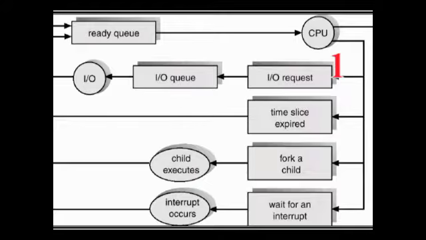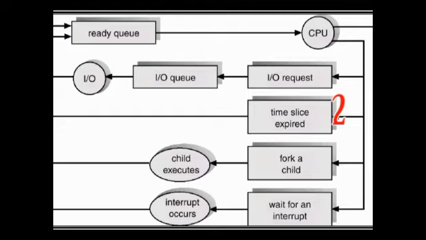First event, I/O request: when the process issues an I/O request, it is placed in an I/O queue. Second event, time slice expired: when the execution time for the process has ended, the process will be brought back to the ready queue.